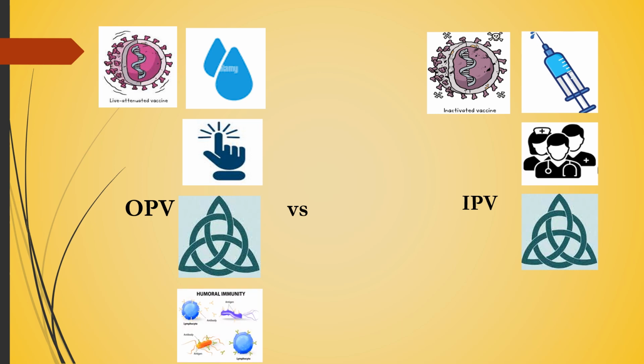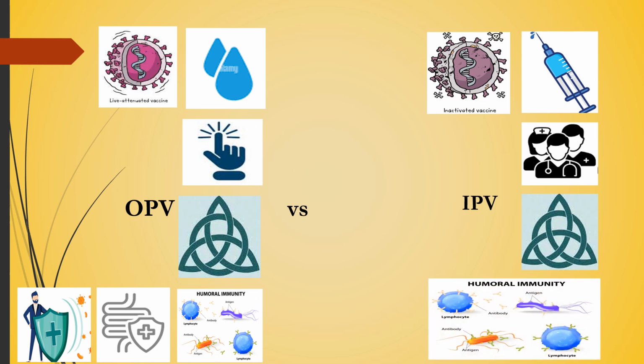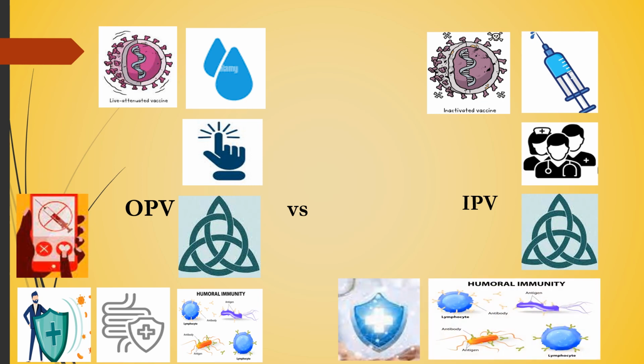Oral polio vaccine provides humoral immunity, mucosal and gut immunity, and it's lifelong. Injectable polio vaccine provides humoral immunity. Oral polio vaccine gives protection to close contacts who are unvaccinated, and injectable polio vaccine carries no risk of vaccine-associated paralytic poliomyelitis.